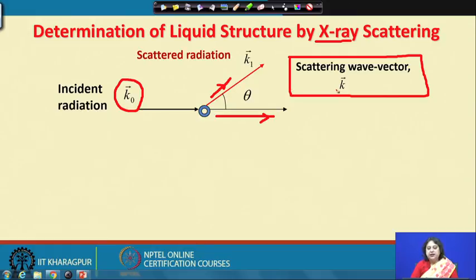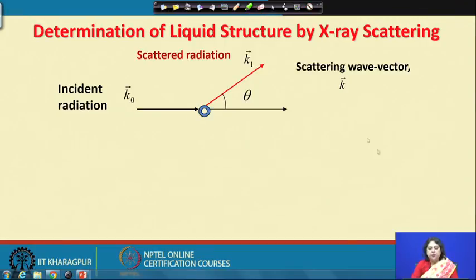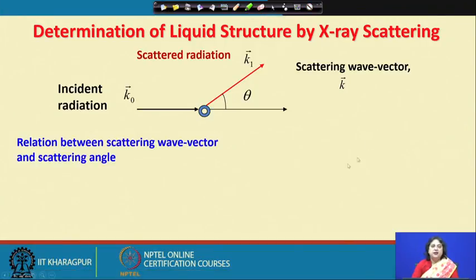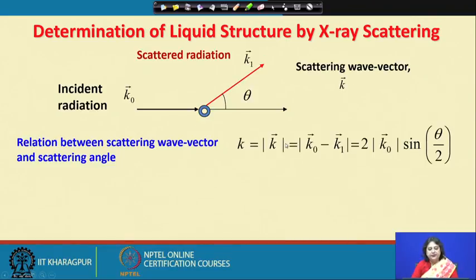Now, obviously, the scattering wave vector depends on the scattering angle theta. So, if I go back and try to understand the relationship between the scattering wave vector and the scattering angle, I find that due to the interaction of the incident radiation with the electrons of the sample, there is a phase difference between the scattered wave vector and the incident wave vector.